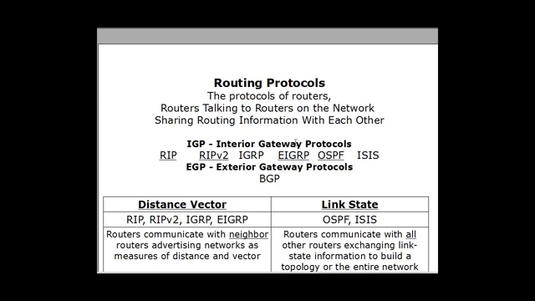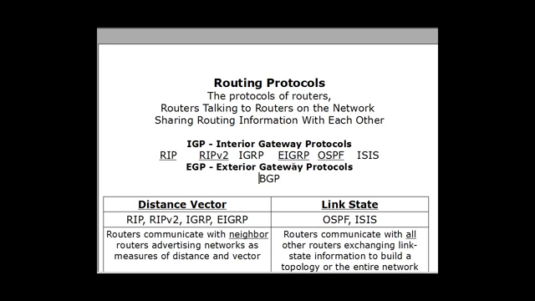So here's two types. We've got IGP and EGP, or interior gateway protocols and exterior gateway protocols. Quite simply, interior gateway protocols are routing protocols such as RIP, RIP version 2, IGRP, EIGRP, OSPF, and ISIS.